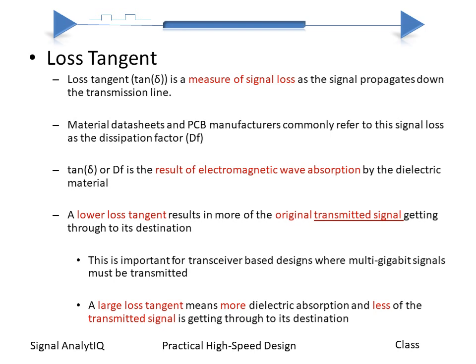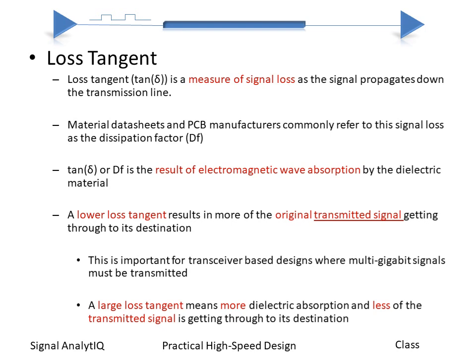The loss tangent or dissipation factor is the result of electromagnetic wave absorption by the dielectric material. So, a lower loss tangent results in more of the original transmitted signal getting through to its destination, which is good.